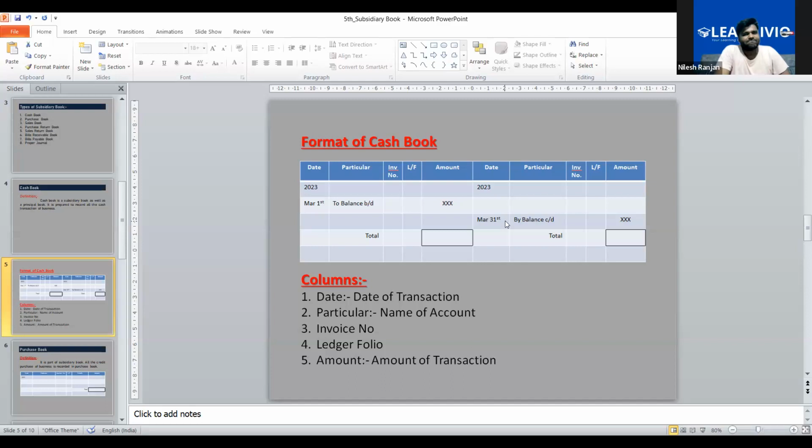Shouldn't we remove it from the format if we're not going to use it anymore? It should be removed, but I don't know why they are not removing it. Actually, they are not updating it. It is just going on, and it doesn't affect our accounting or anything, so that's why we are not changing it. It doesn't really matter whether it's there or not.